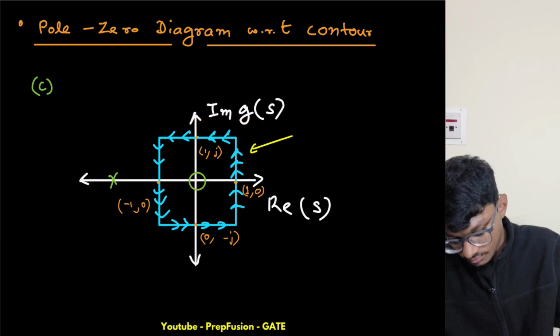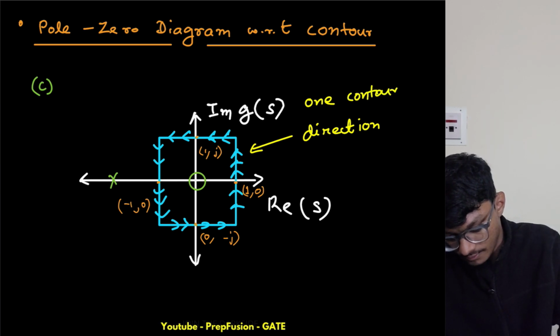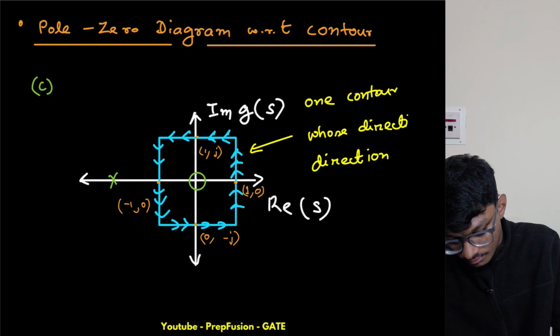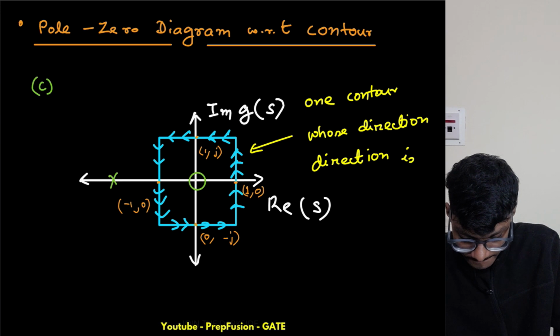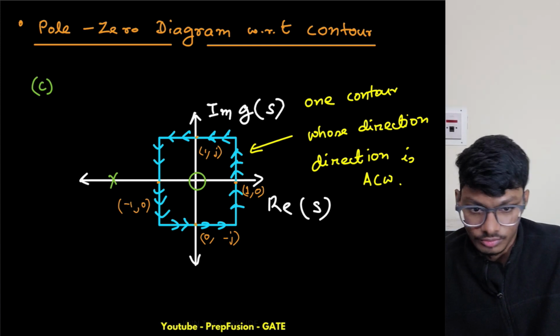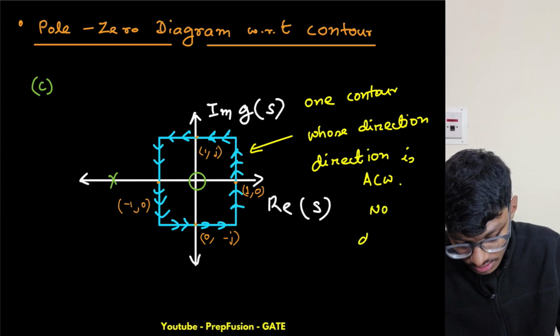So we'll get one contour whose direction is anti-clockwise. So there is no direction change. Okay, no direction change.